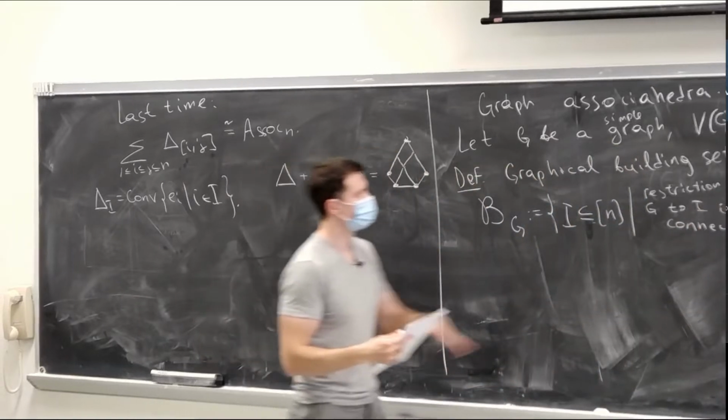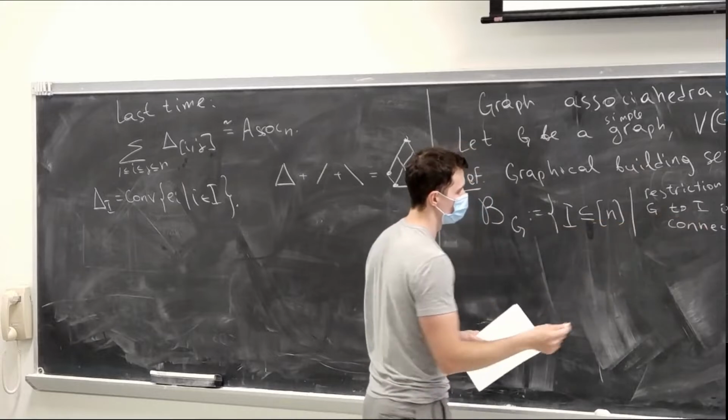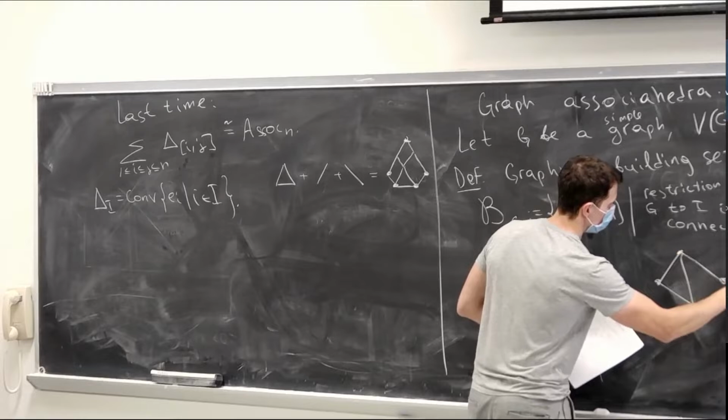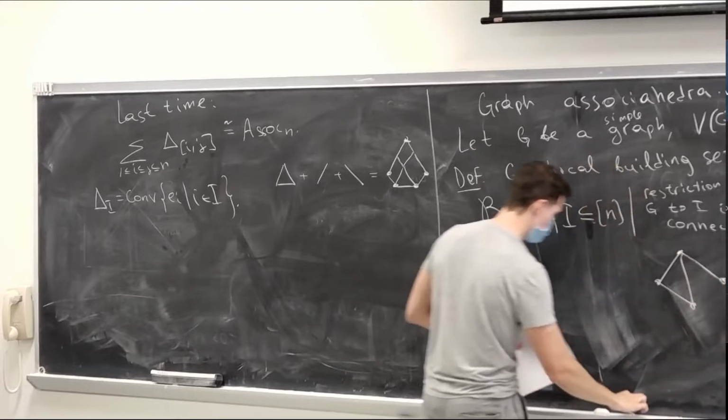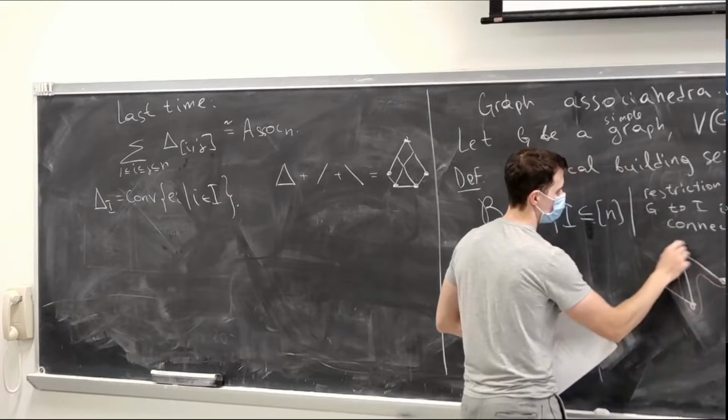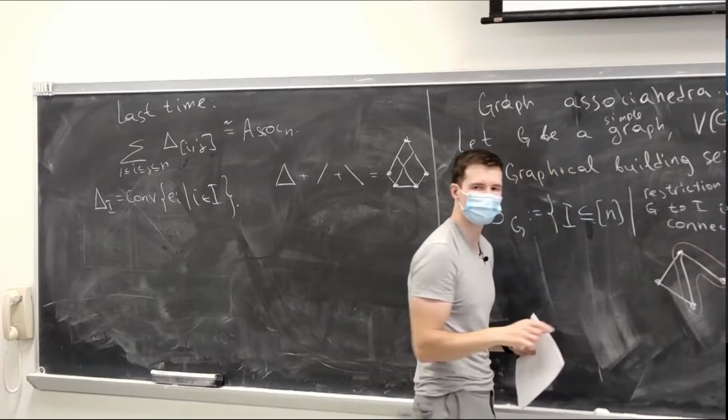Later, I'm just going to say that I is connected, and by that I mean that you have your graph G that looks like this, and then you can choose any collection of vertices, but they have to be connected.